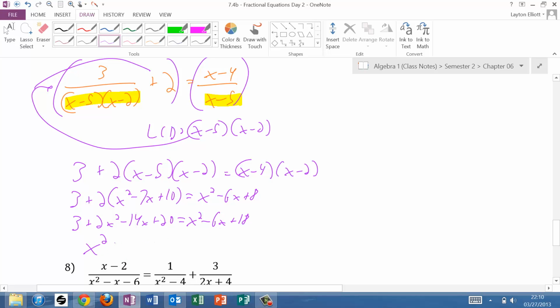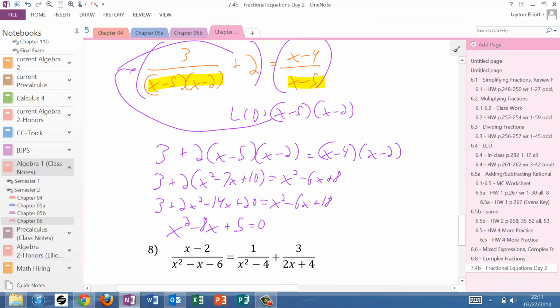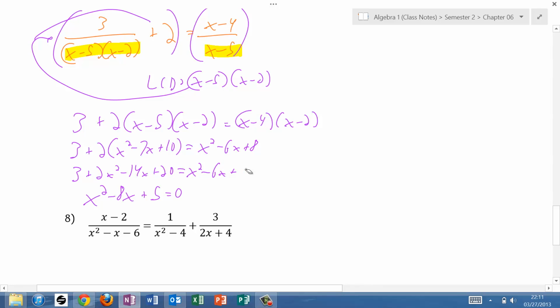Add 6x to both sides, and I get minus 8x. Then on the left I have 23, but then minus 18 is plus 5, and that would be equal to 0. Oops, just kidding, that was an 8, not an 18, which makes this a 12, which makes this actually work out. X minus 6 and x minus 2.